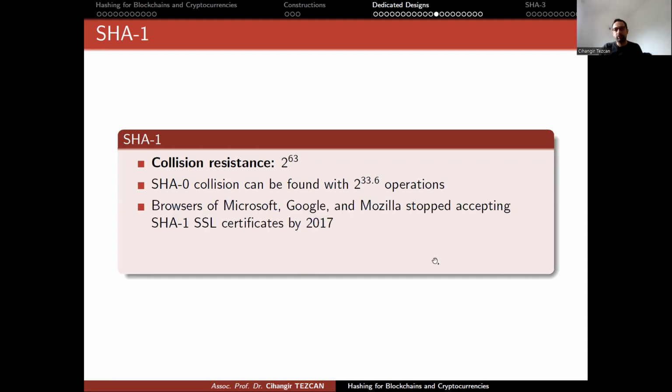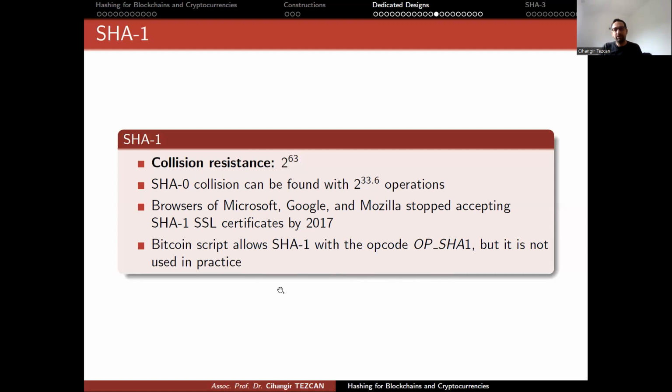So browsers of Microsoft, Google, and Mozilla stopped accepting SHA1 SSL certificates by 2017. Again, maybe just after 2017, you started to have some errors visiting some web pages, but of course, later on, they updated their certificates and moved on to SHA2. And Bitcoin scripts allow SHA1 with the opcode OP_SHA1, but it is not used in practice.